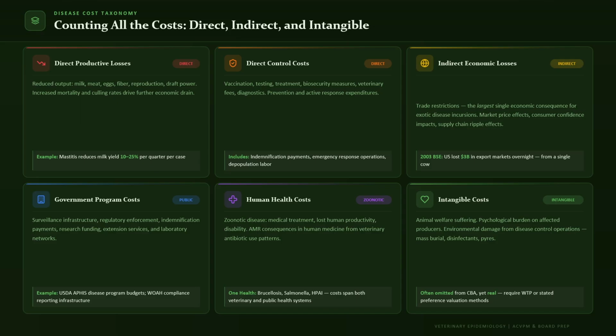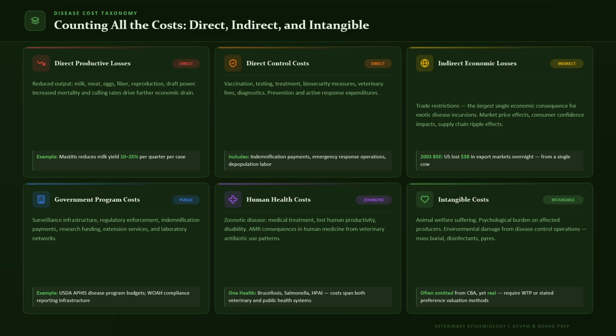Direct costs come in two flavors: productive losses like reduced milk, meat, or reproduction, and control costs like vaccination, testing, and biosecurity. Then come indirect costs, and trade restrictions are usually the biggest of all. Remember 2003, when a single BSE positive cow cost the US $3 billion in export markets overnight?